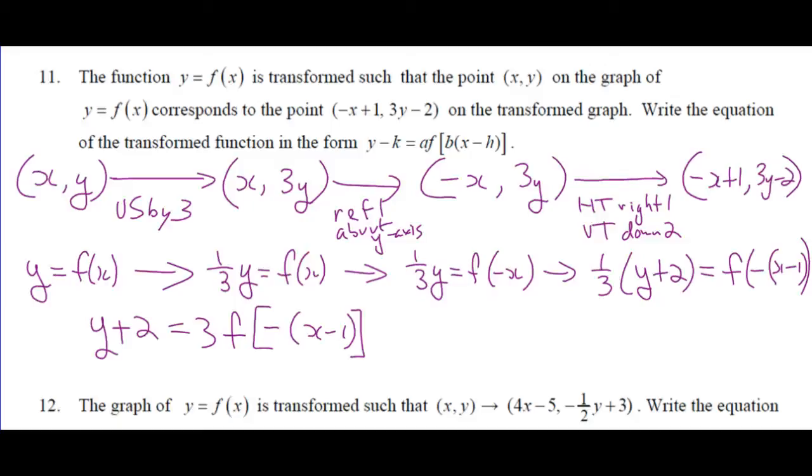There is a vertical stretch by a factor of 3 about the x-axis, there's a reflection about the y-axis, and then it is moved right 1 and up 2. Down 2. Sorry, down 2. Okay, so there's your word. Vertical stretch by 3, reflection, right 1, down 2. Okay. And if that matches up, then it's all good.